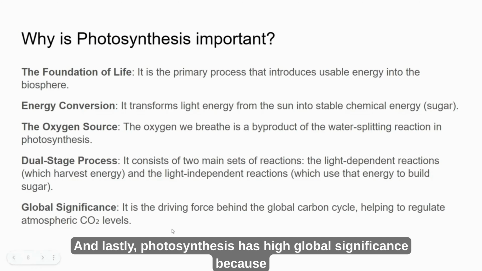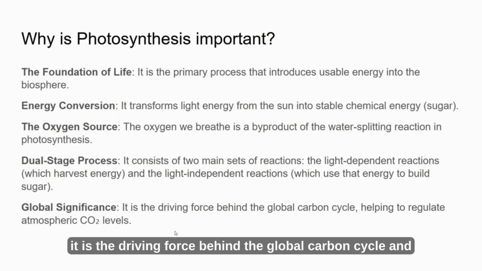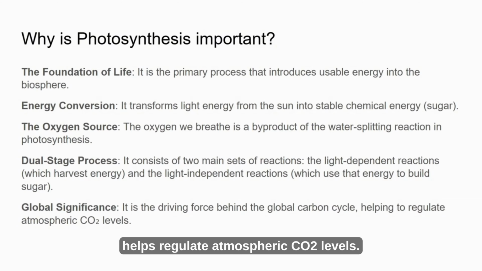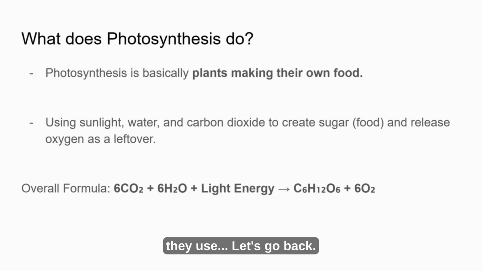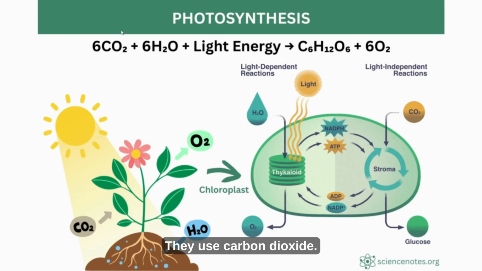And lastly, photosynthesis has high global significance because it is the driving force behind the global carbon cycle and helps regulate atmospheric CO2 levels. Because, like I said earlier, plants use carbon dioxide.